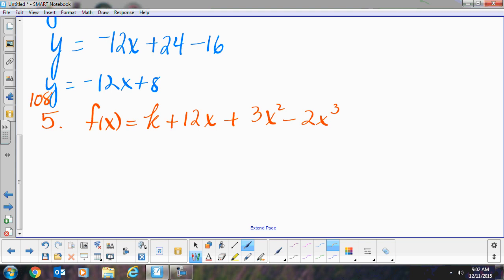If I'm looking for increasing, what derivative is that, Catherine? So we're going to go for a first derivative, and what happens when you take the derivative of k? It's gone because they told us it's a number. So derivative is going to be 12 plus 6x minus 8x squared. All right, so we need increasing. What's my next step that I need to do, Gabby?